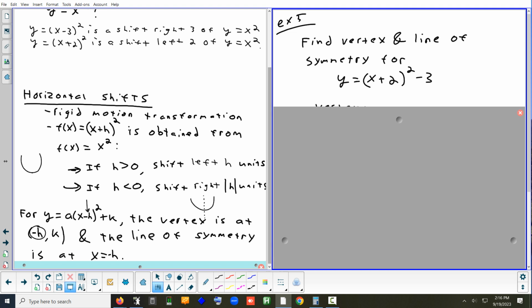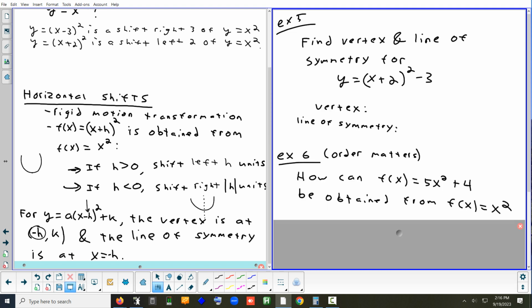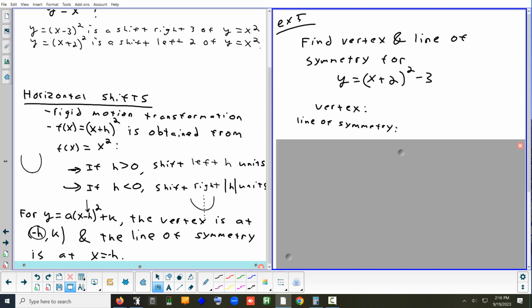And let's try this. Our equation says y equals (x plus 2) squared minus 3, and we want to find the vertex and the line of symmetry. What's the formula for finding the vertex? Negative h, k.